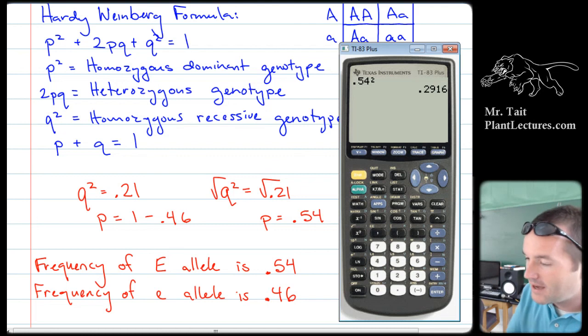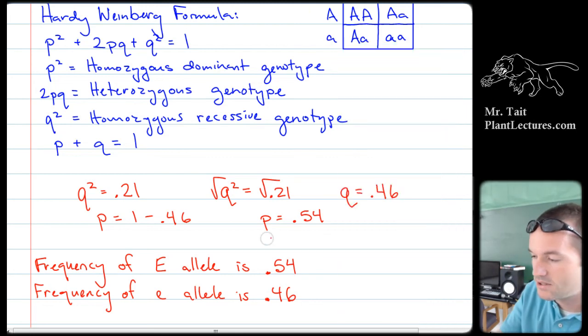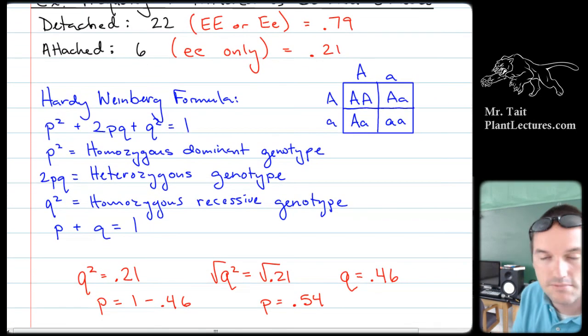That tells us about 30%, so 0.3 times 28, which is roughly 8 people who would be homozygous dominant. That tells us that 6 people should be homozygous recessive in here. It was actually 7. No, it was 6. So that's perfect.